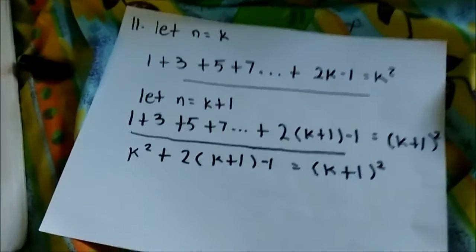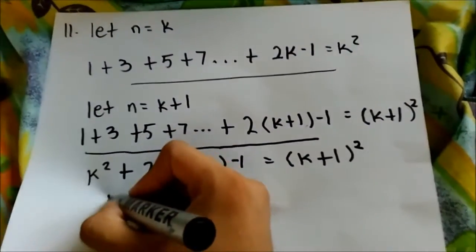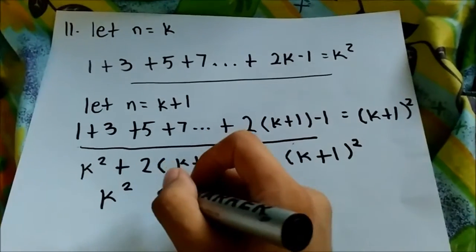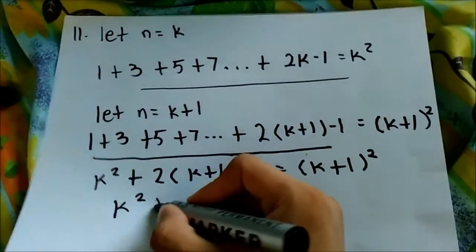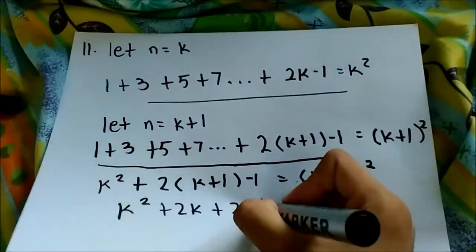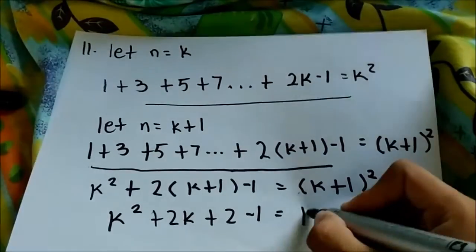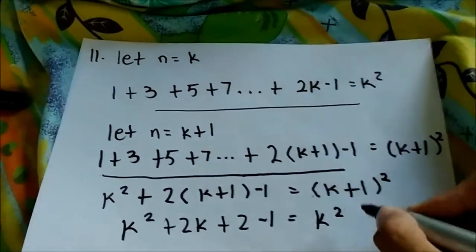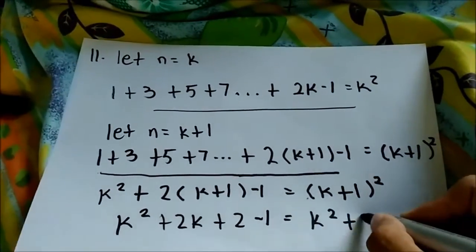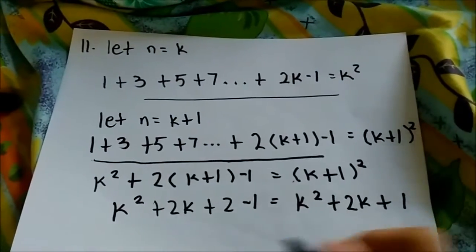Then simplify the equation. K squared plus 2 times k is equal to 2k. Then 2 times 1 is equal to 2. Minus 1 is equal to 1. Expand it, k squared plus 2k plus 1. So simplify it again.